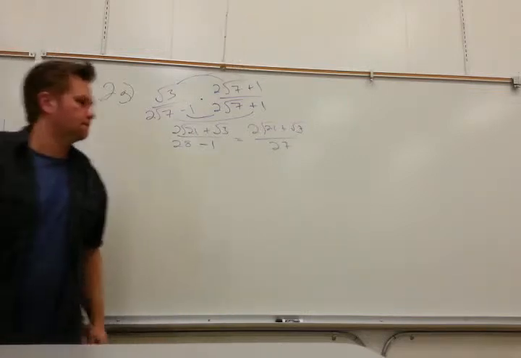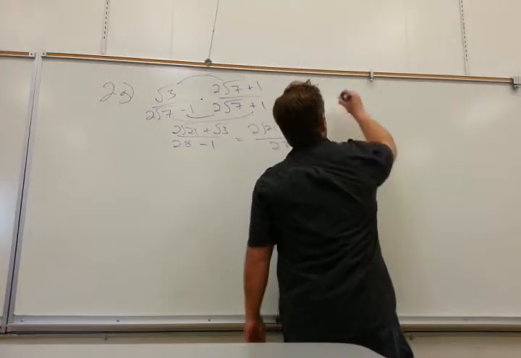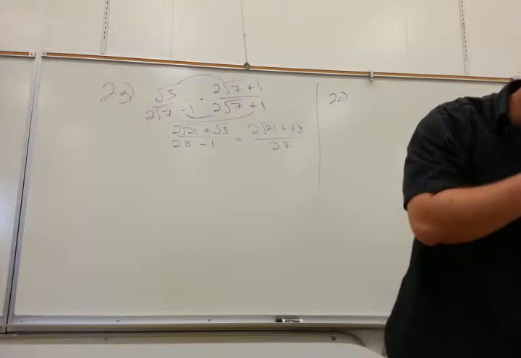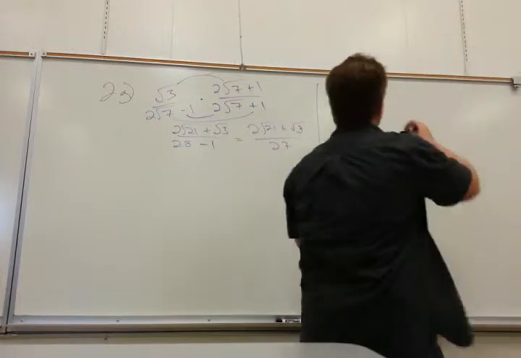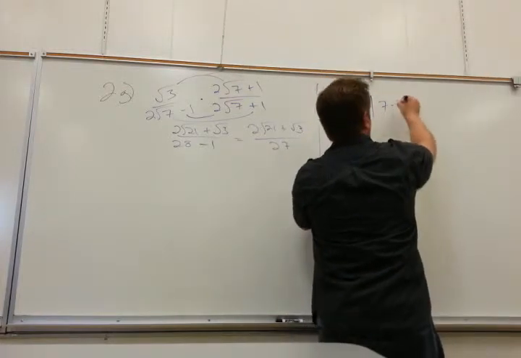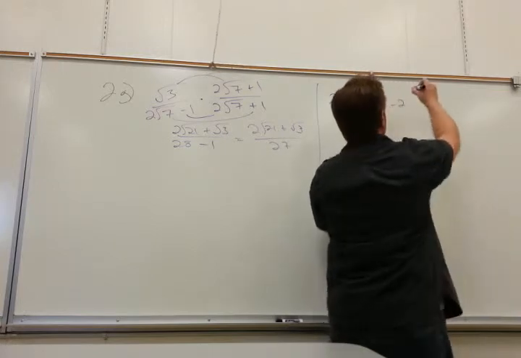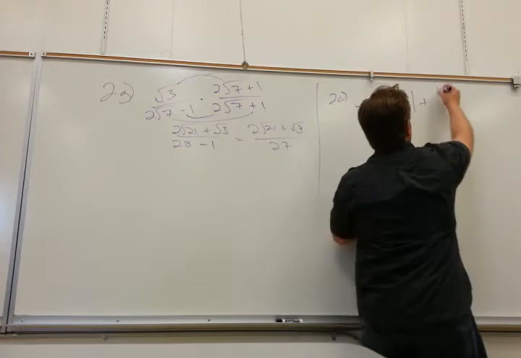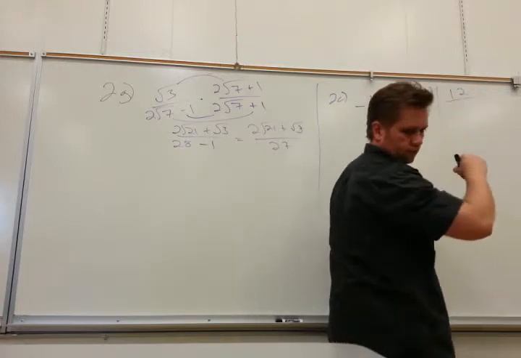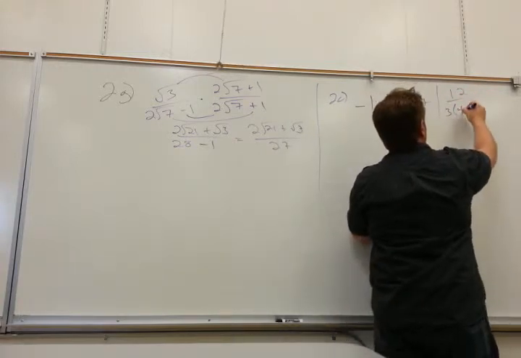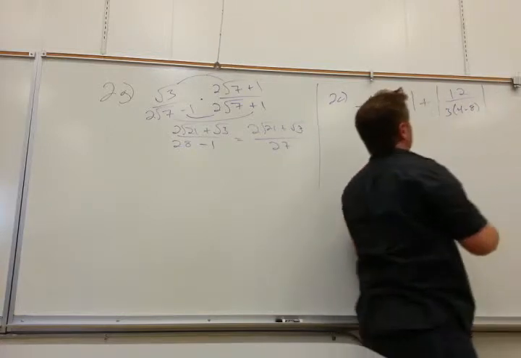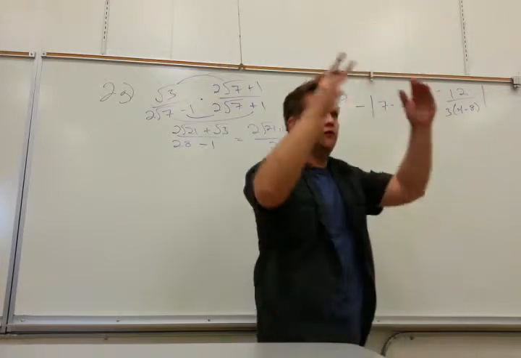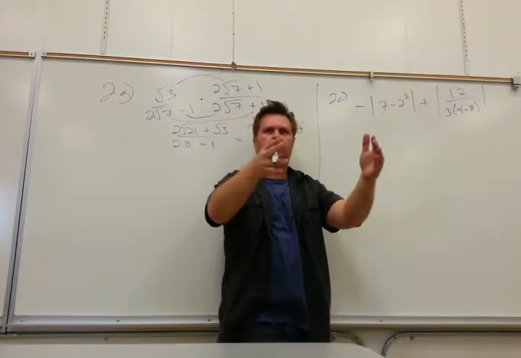2C. I got 0. Okay. So I try to make it very apparent what absolute value signs are.